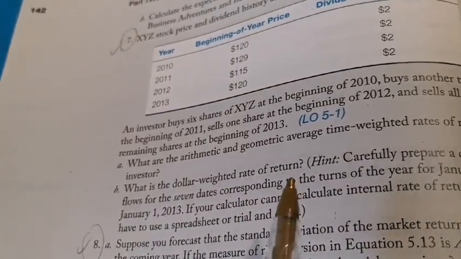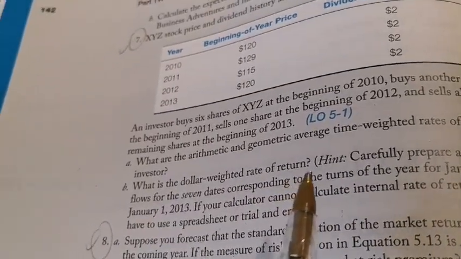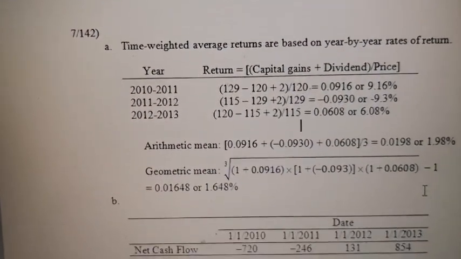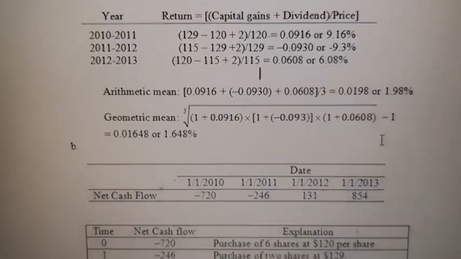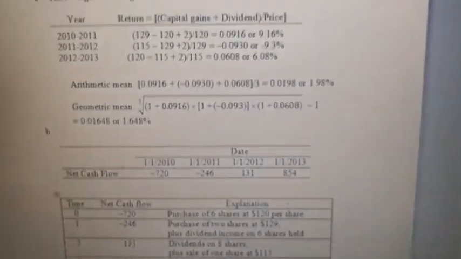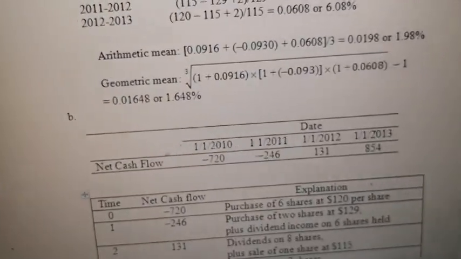So we need to compute the dollar weighted rate of return. So here we have to compute first of all the cash flows for each year, and then to compute the dollar weighted rate of return.